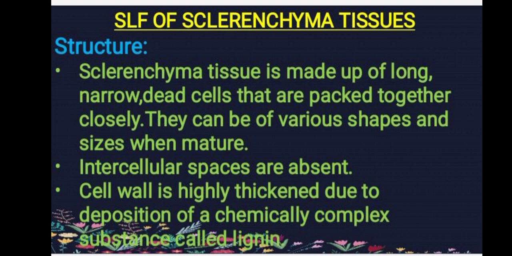Sclerenchyma tissue is made up of long, narrow, dead cells that are packed together very closely. They can be of various shapes and sizes when mature. Intercellular spaces are absent as the cells are packed together very closely. The cell wall is highly thickened due to deposition of a chemically complex substance called lignin.